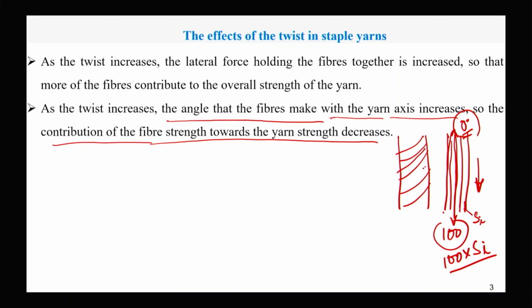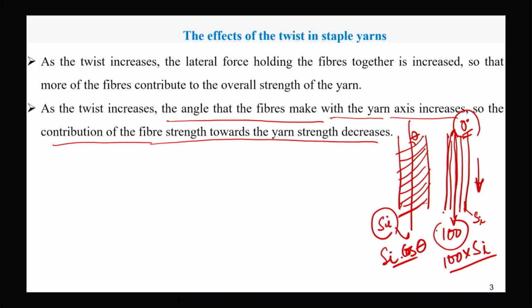On the other hand, if the fibers are twisted at a certain angle, say theta, the fiber strength Si will not be completely contributing towards the yarn strength. Instead, a component of the fiber strength will be utilized. What is the component? Cos theta component, Si cos theta.